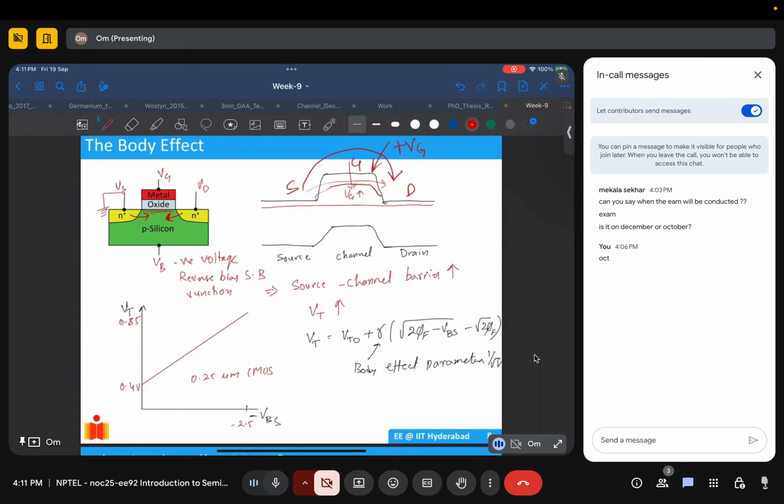Now, if you are applying a body potential also, let's say you apply a positive VB, what will happen is this positive VB can also forward bias and bring more electrons here. So this VB will lower your threshold voltage.